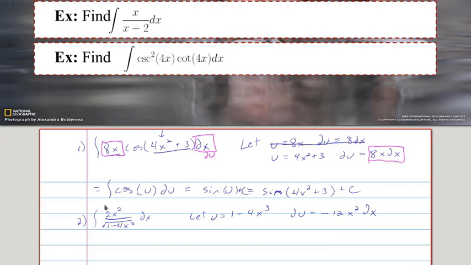Now notice I don't have a negative 12x squared dx, but I do have a 2x squared dx. So what could I do to make sure the right side is a 2x squared dx? Well, I could divide both sides by negative 6.